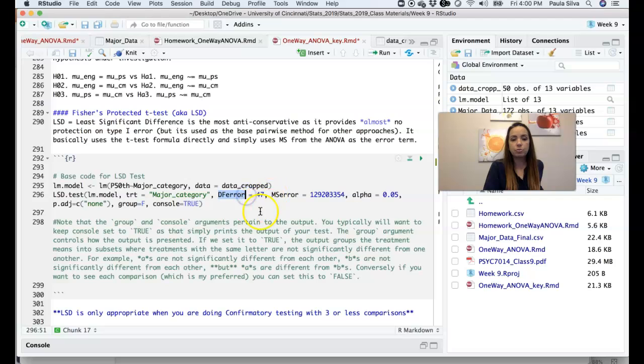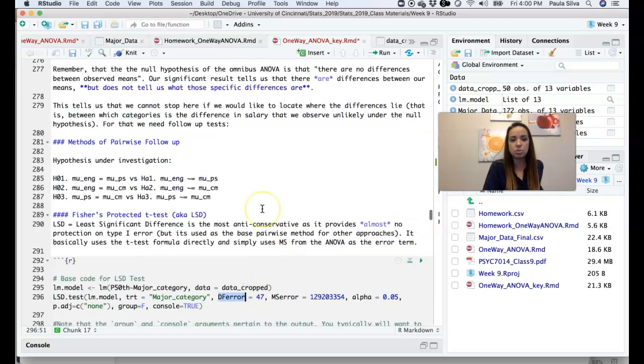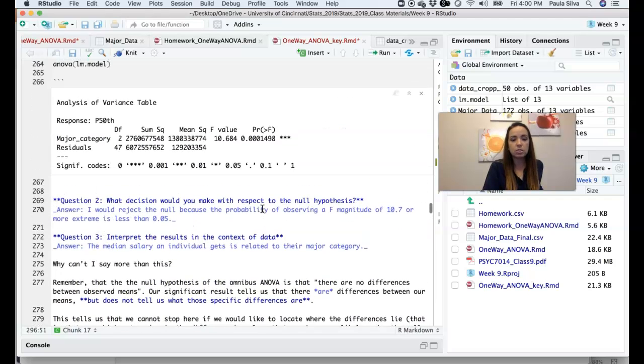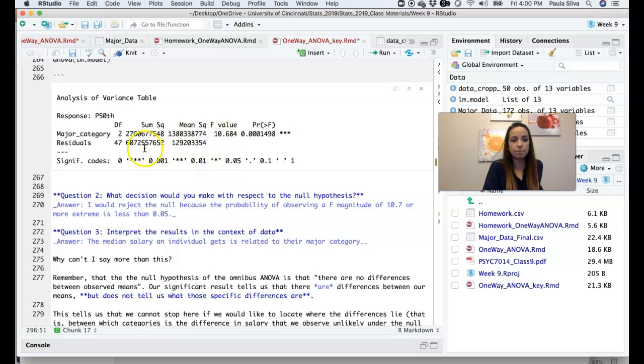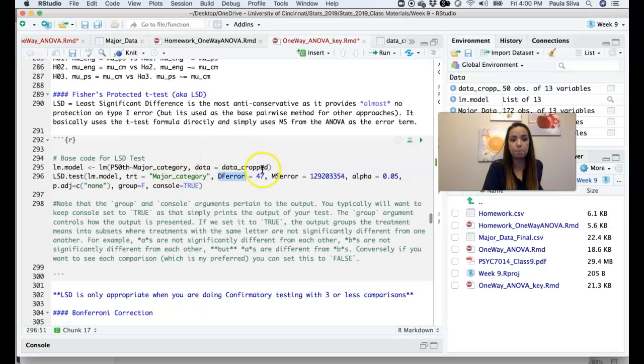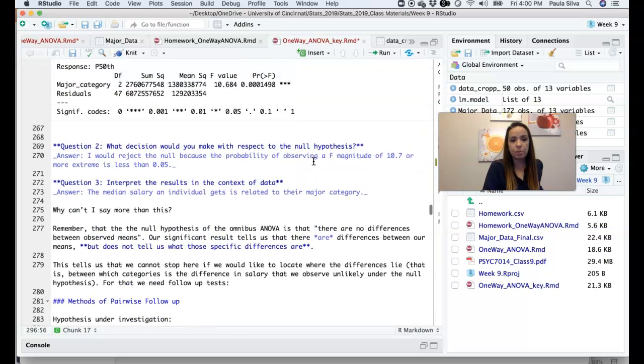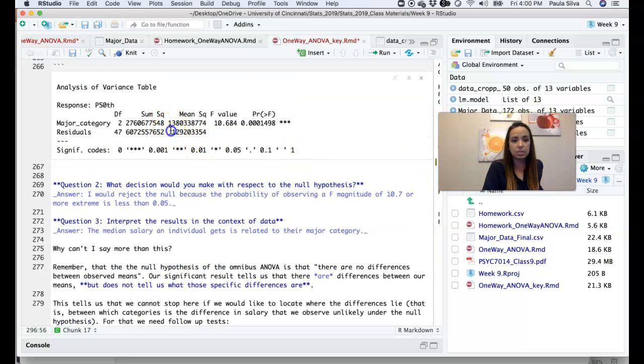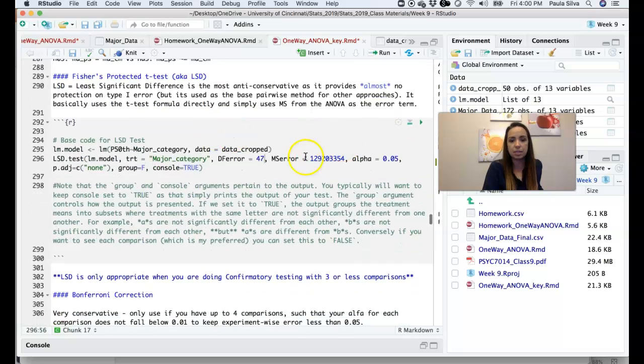The error degrees of freedom is used to select the T distribution that we need, from the ANOVA table. The MS error, we need to grab from the table here too, which is this guy. So I copied and pasted here. The alpha is 0.05. And these things you can keep fixed. On the next video, I will explain what they mean.